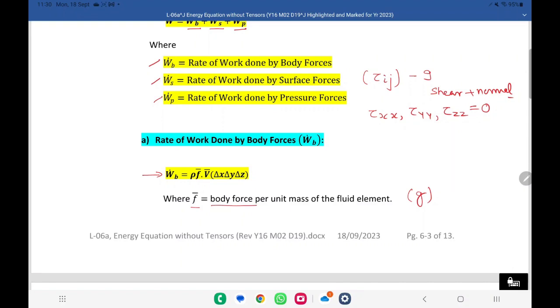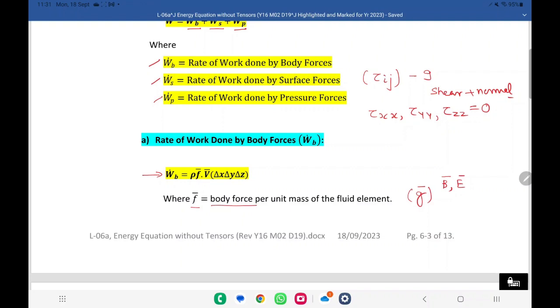If your fluid is charged, you can have magnetic force also, and if it is flowing and charged, you can have magnetic force on this also. So we can have B also here, we can have E also here. So one is the gravitational field, second is the magnetic field, third is the electric field.